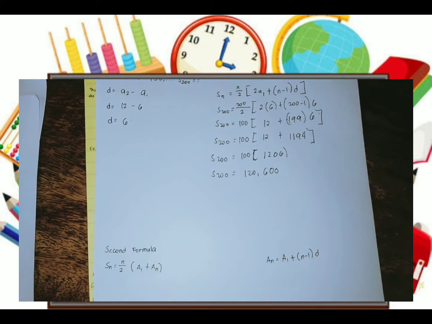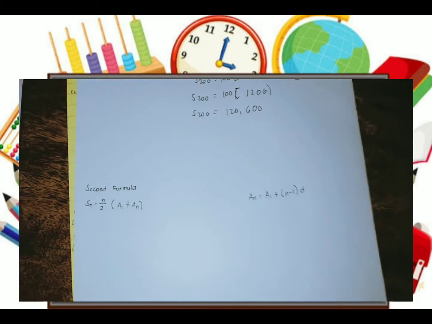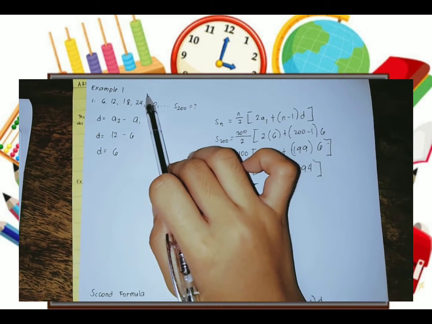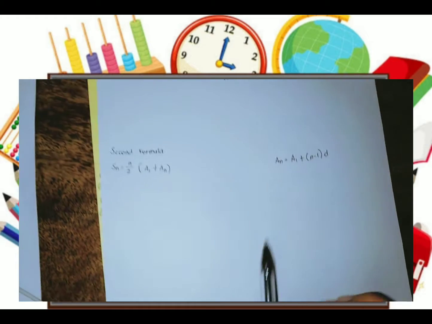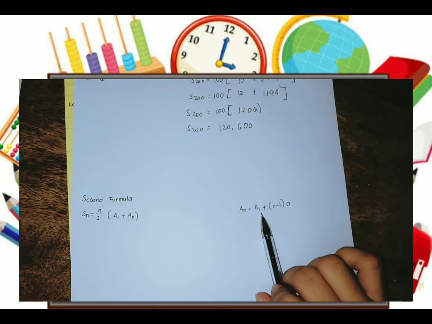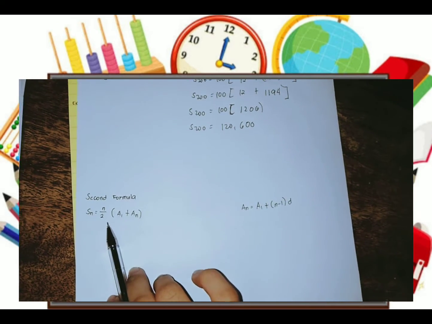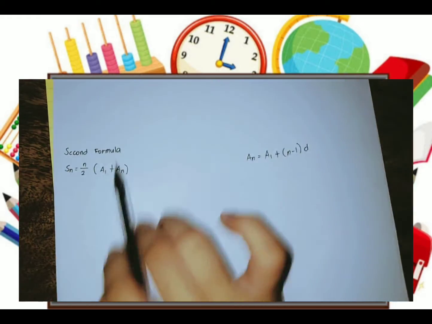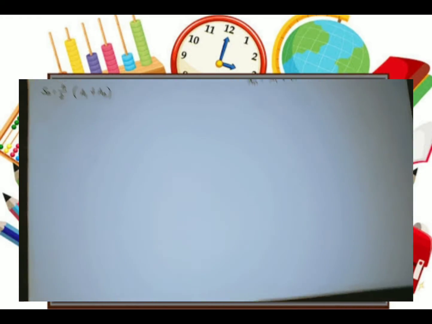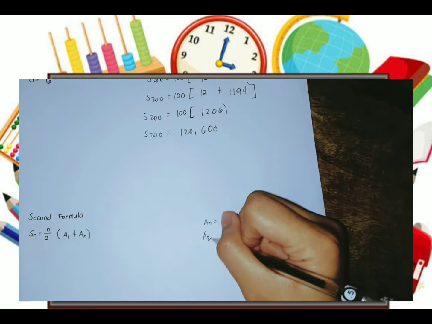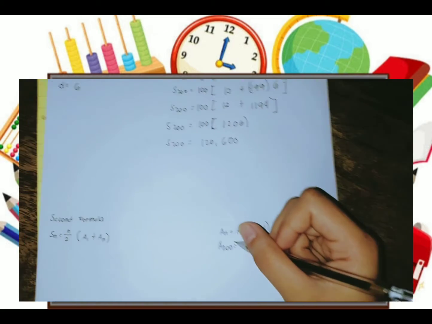Now we move to our second formula, using again the arithmetic series that was given. First, we will find the a sub n before we find the S sub n using our second formula. Our n, we change into 200 because n is our last term.